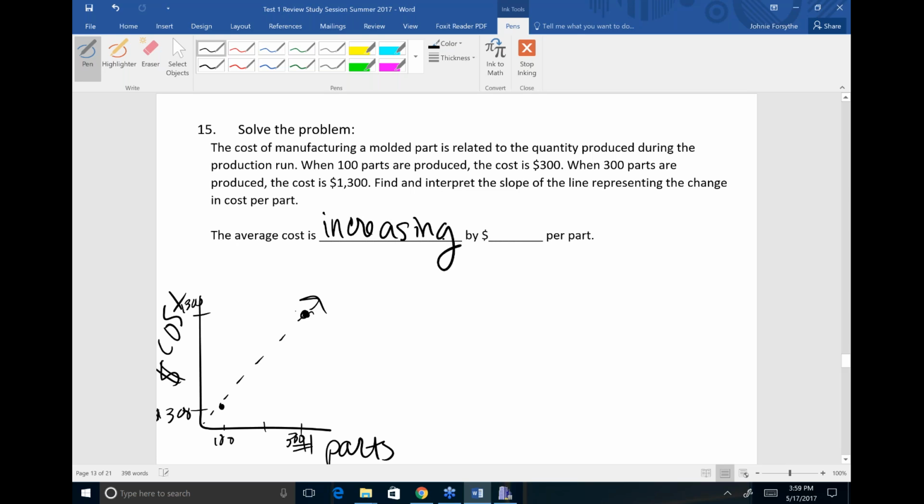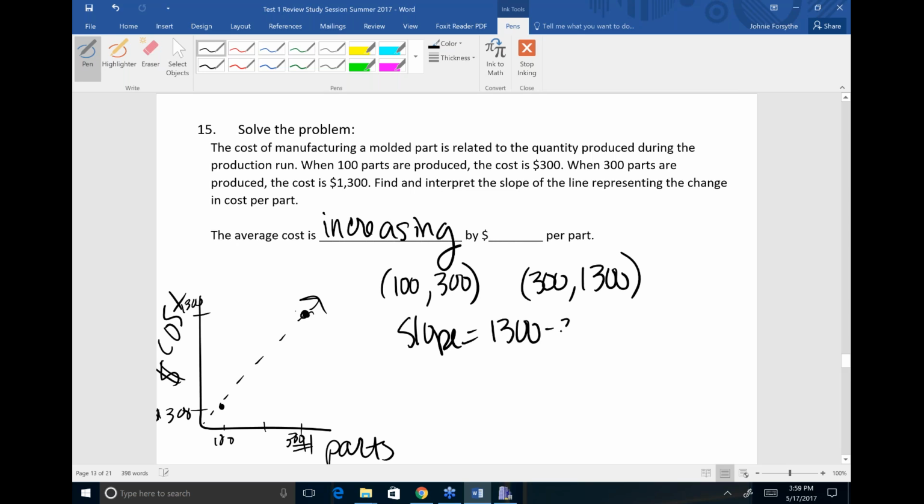It is increasing by some number. So we're going to figure out how much it's increasing, the rate of change, by finding the slope of this line, basically. So the points we're going to use are 100, comma 300, and then 300, comma 1,300. So to get the slope, we're going to subtract our y values, divided by subtract our x values.